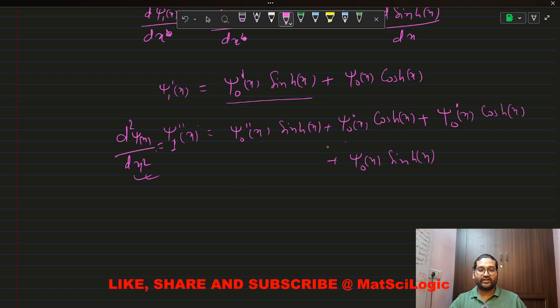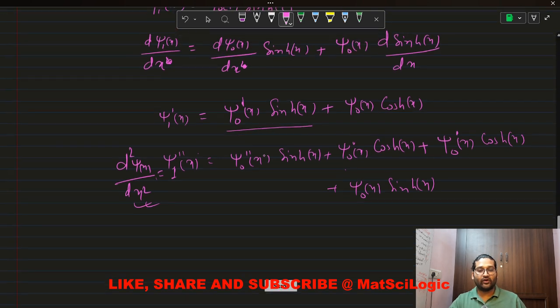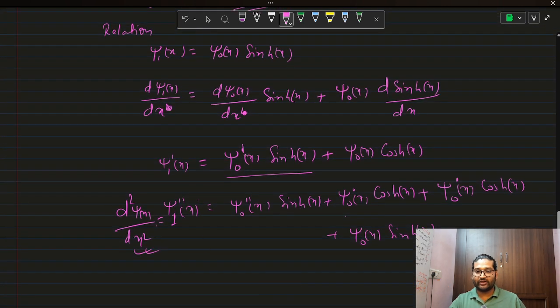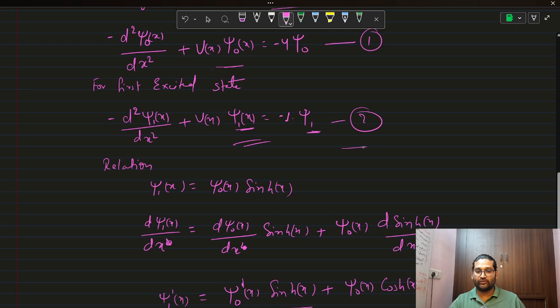Now put this in the Schrödinger equation for the first excited state. So the Schrödinger equation is here, equation 2.